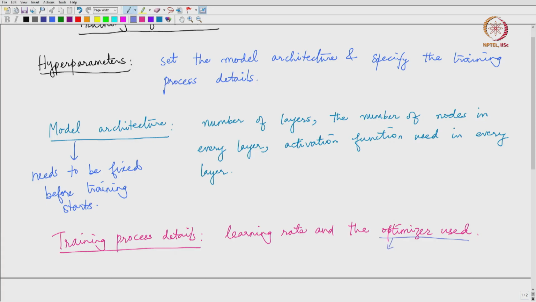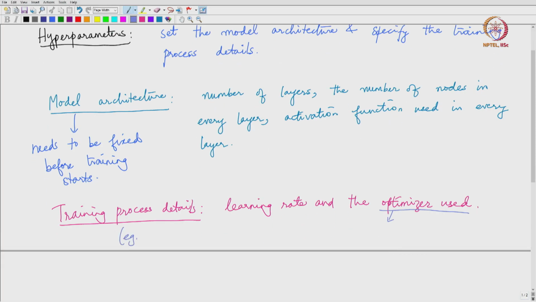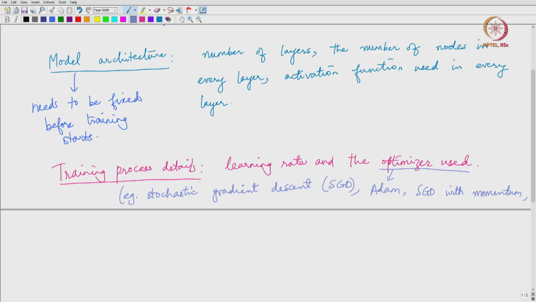Some of these include stochastic gradient descent, which is SGD, and its variants such as ADAM, which is adaptive moment estimation, or SGD with momentum, and RMS prop, root mean squared propagation, etc. With this the model architecture and the training process would have been fully specified.